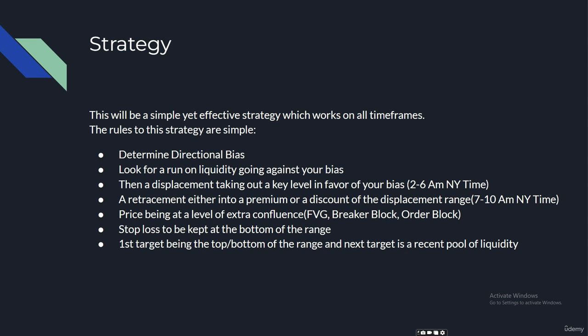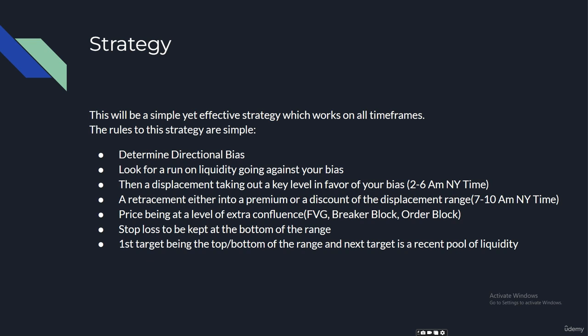Price will make a run on the short-term sell stops before a displacement higher, taking out the key level, and that displacement gives us our bullish shift in market structure and our confirmation that the market wants to reprice higher. Typically around 2 to 6 a.m. New York time is where you would find this displacement happening.